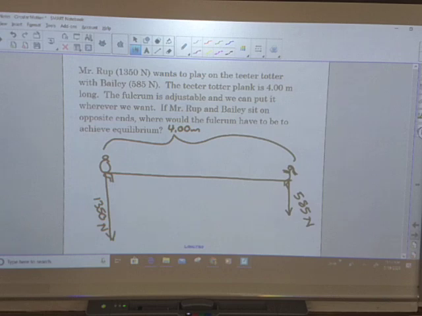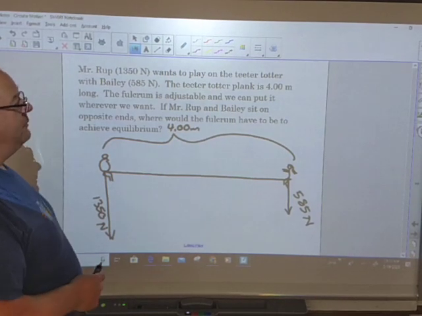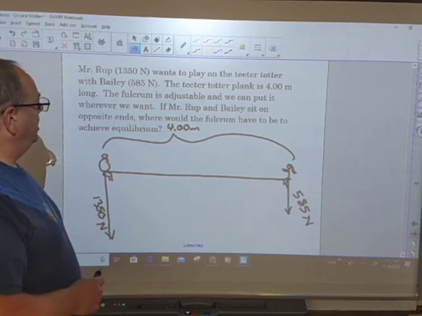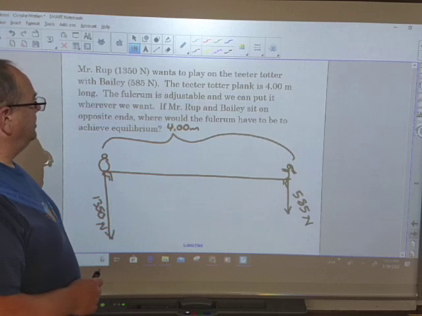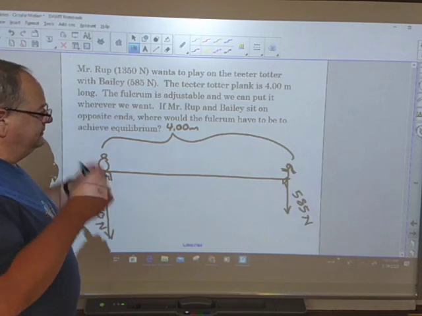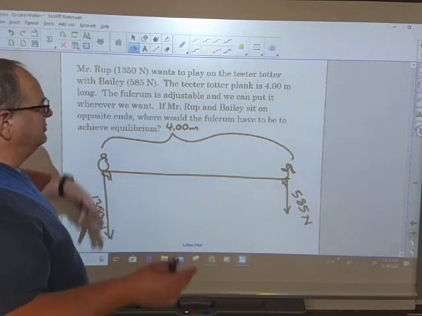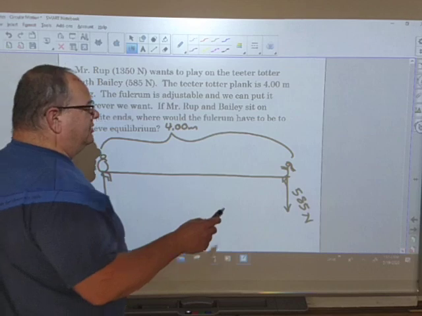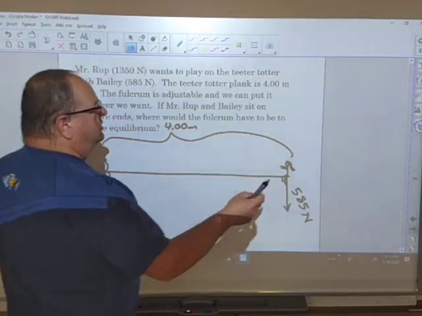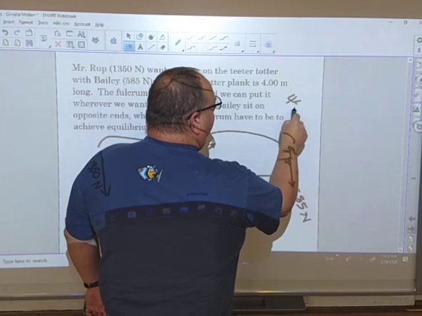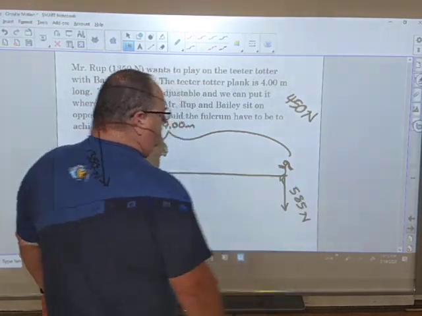Uh-oh. I forgot a piece of information for our problem, and that was the weight of the teeter-totter, because the weight of the teeter-totter is going to be important in this. So let's say that the plank itself is 450 newtons, okay?